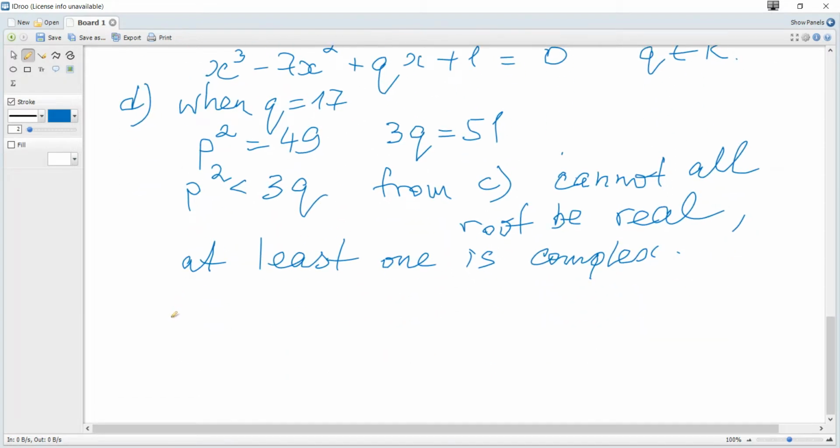Next, Noah believes, it's his conjecture, that if p squared is greater than or equal to 3q, then alpha, beta, and gamma are all real.